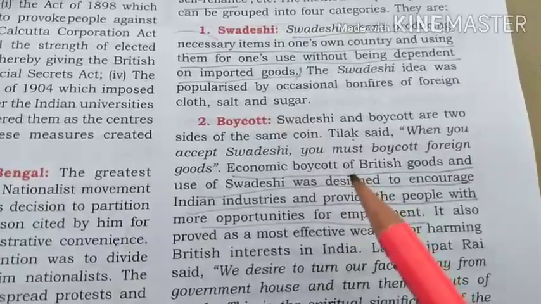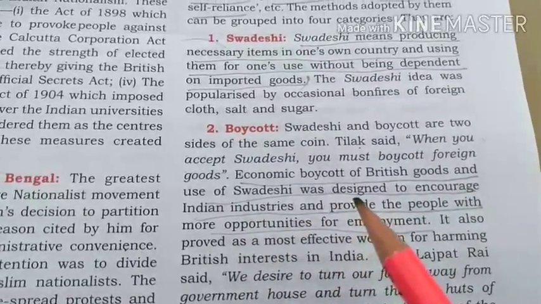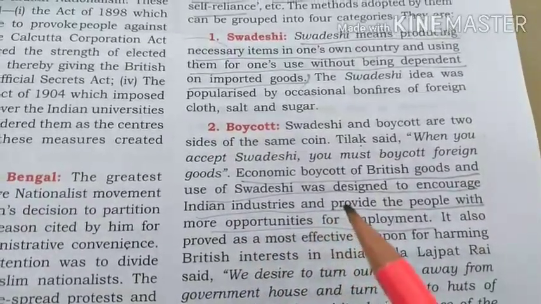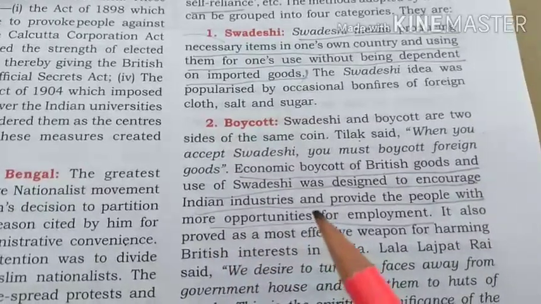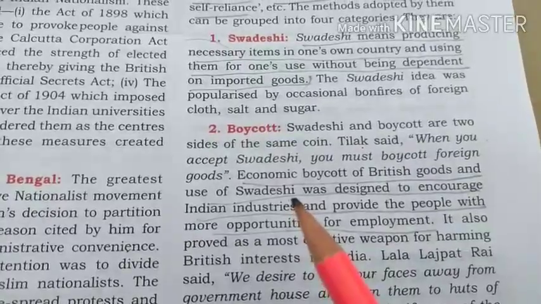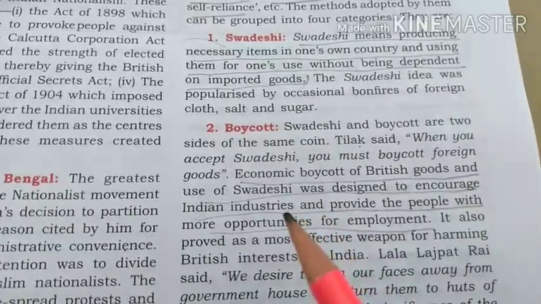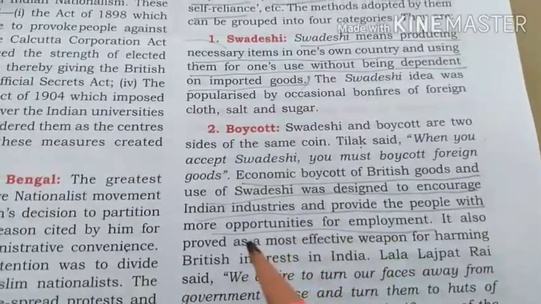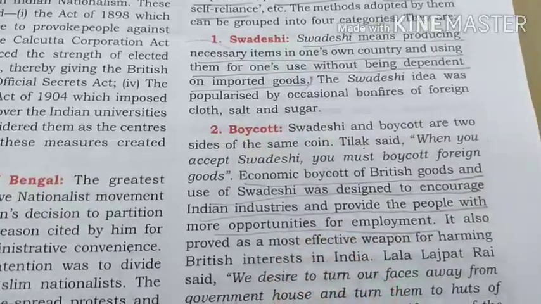Economic boycott of British goods and use of Swadeshi was designed to encourage Indian industries and provide people with more opportunities for employment.